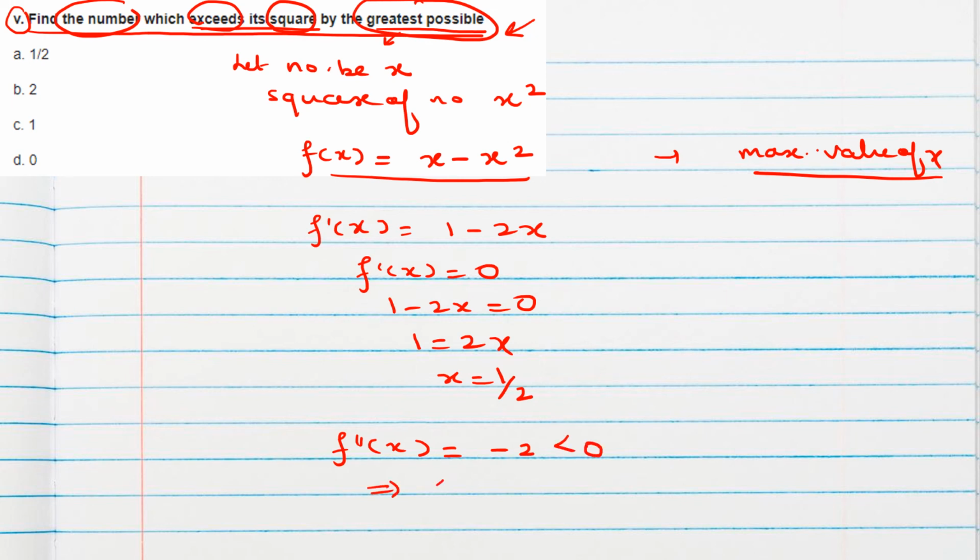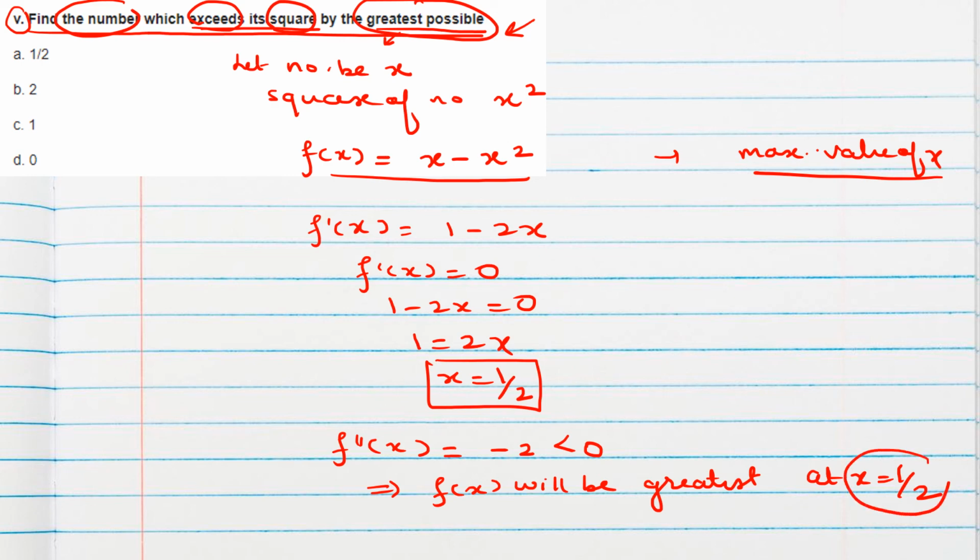That means f of x will be maximum only, the greatest for any values of x. So here we got x value as half. That value is not asked, only this x value is asked. So our answer will be 1 by 2.